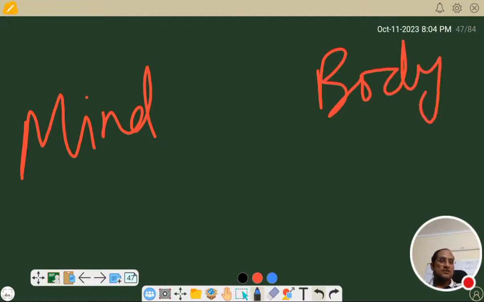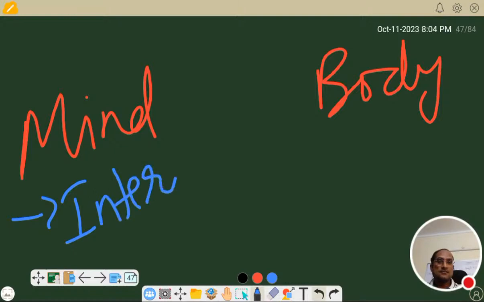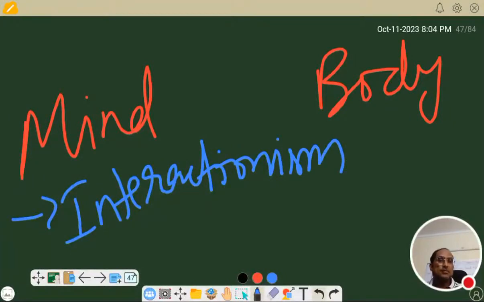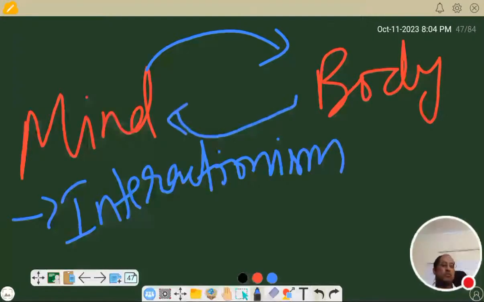One approach is interactionism, which says that mind shapes the body and the body shapes the mind. Mind and body both reinforce each other. Interactionism, they interact with each other.